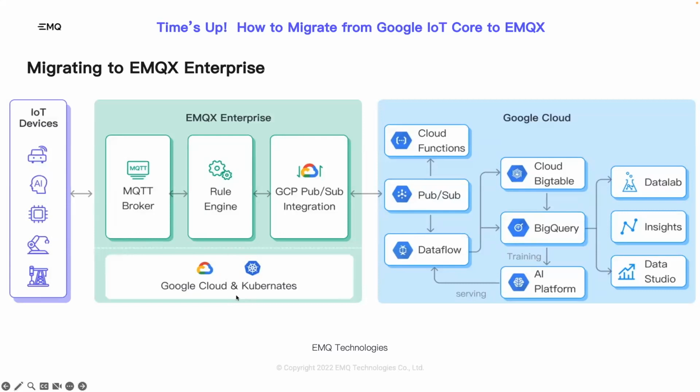And so we make it very easy and quick to deploy in the environment that you prefer and that you're used to integrating with. And so here you'll see our broker bringing in data from your edge devices, processing those through our rules engine, and then forwarding those to your GCP Pub/Sub integration.